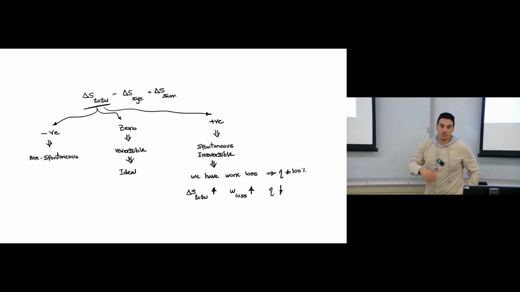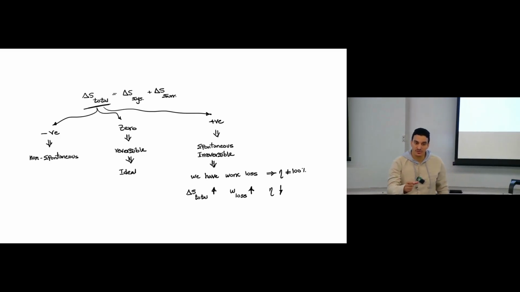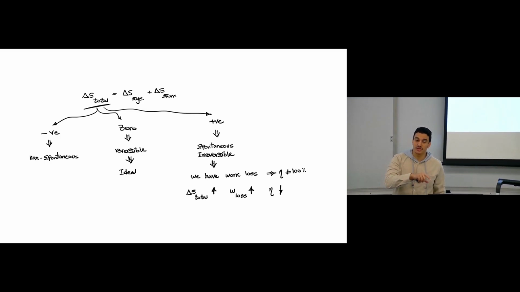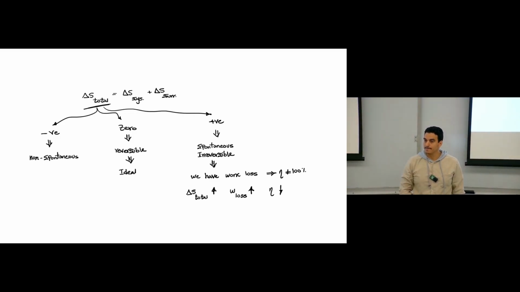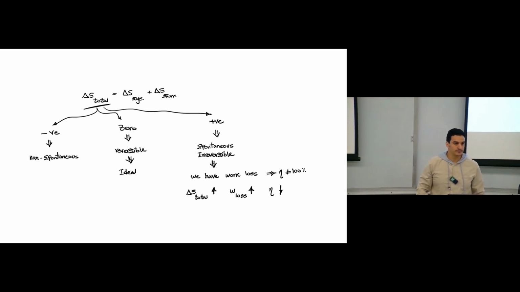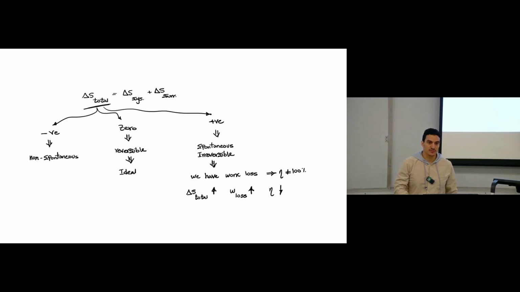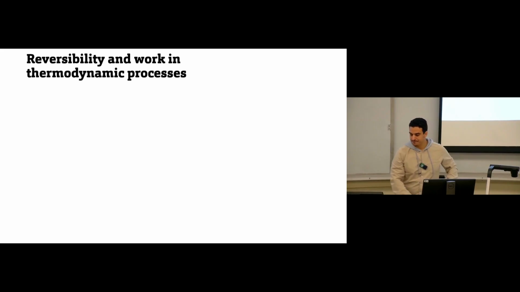So this is how the total entropy change can give you an idea whether a process is spontaneous or non-spontaneous, and it can also guide you on the efficiency of the process. So far is clear? Any questions? Okay.